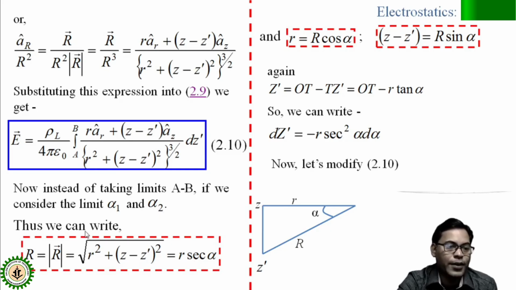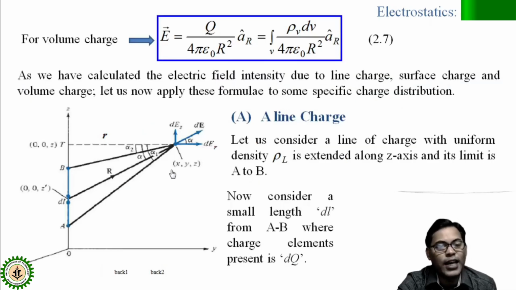Instead of considering a to b, here we have drawn the r, that is the perpendicular distance from the z axis to the point where we want to find the electric field intensity.